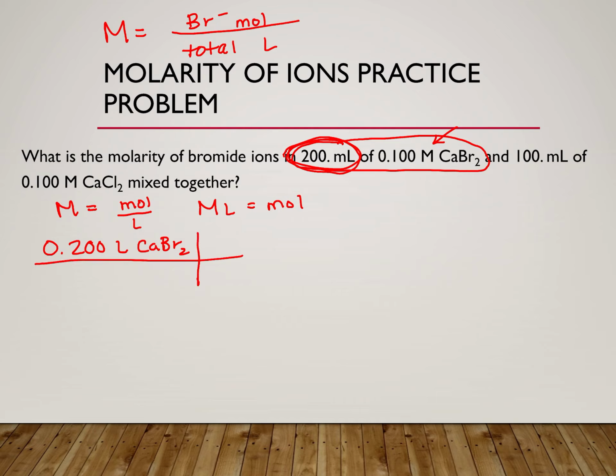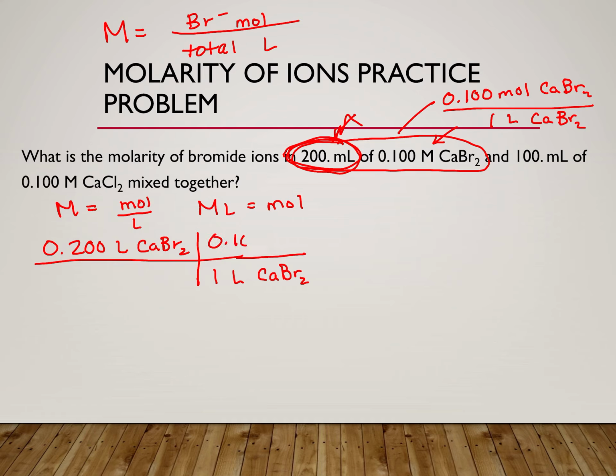And using this molarity, the molarity is 0.100 moles of calcium bromide per 1 liter of our calcium bromide solution. So for every 1 liter of calcium bromide, we have 0.100 moles of calcium bromide.